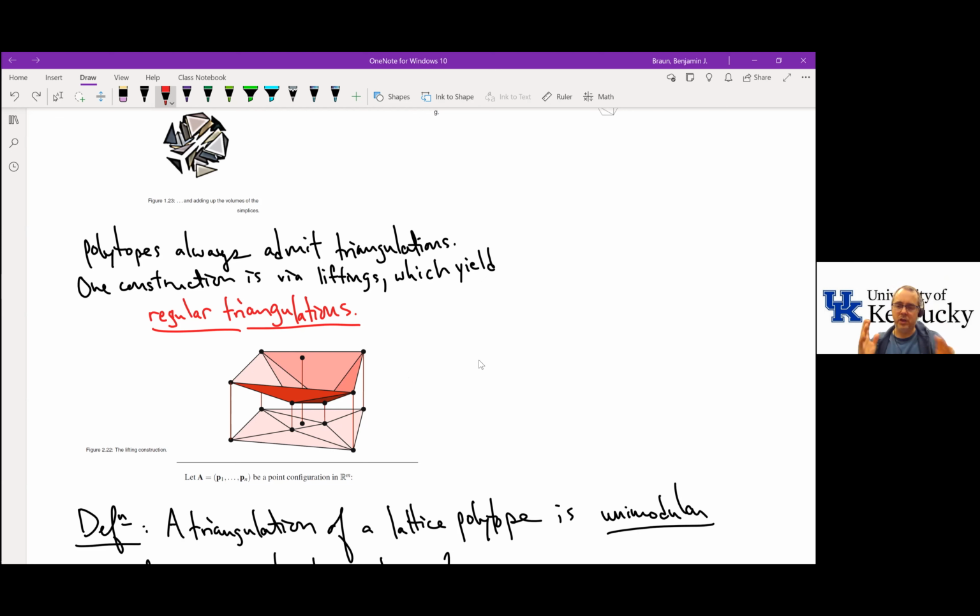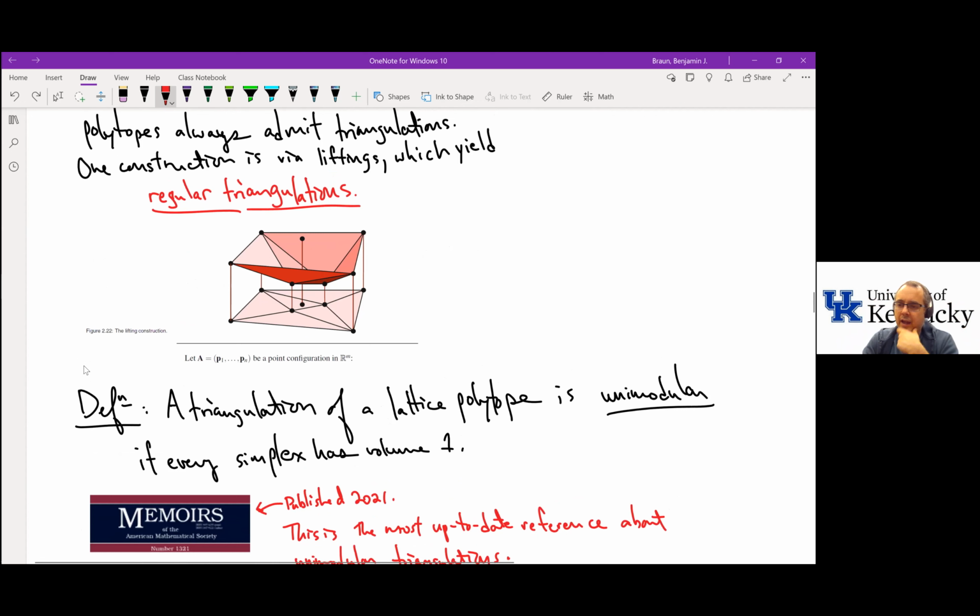I won't say it's completely straightforward, but it is a standard exercise to show that you can always generically lift the lattice points of a polytope in such a way that when you take the convex hull and then project the lower hull back down, you get a triangulation. Okay.